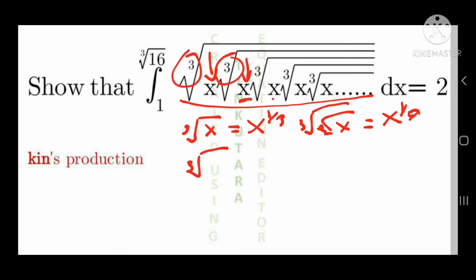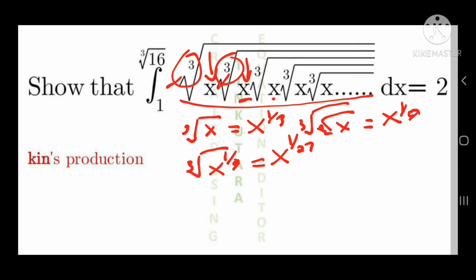So the third term has this cube root and this cube root, so 3 different cube roots on it. So that means it will be the cube root of x exponent 1 on 9, which is the simpler form. So that will be x exponent 1 on 27, and it continues like that.